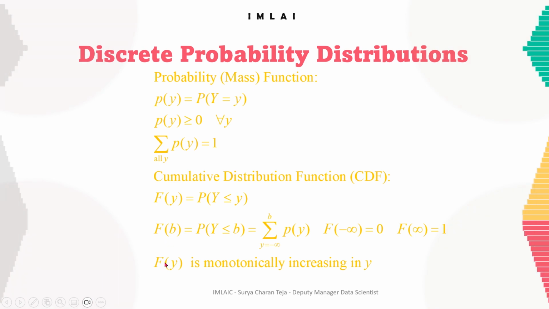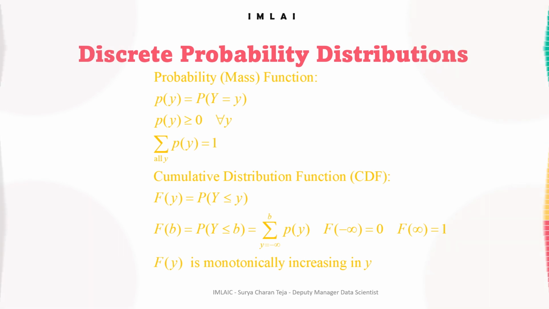So capital F of y is equal to P of capital Y less than or equal to y, and is the summation from minus infinity up to y of p of y, and so it's monotonically increasing in y. We will see with the picturization, we will visually see the cumulative distribution function to get more clarity. This is the mathematical representation.